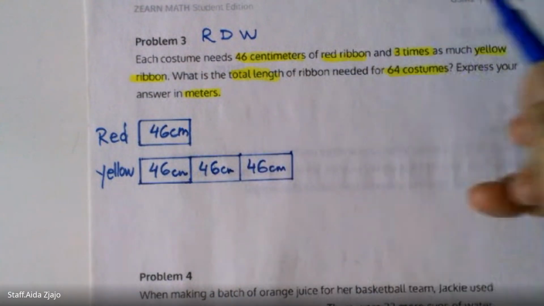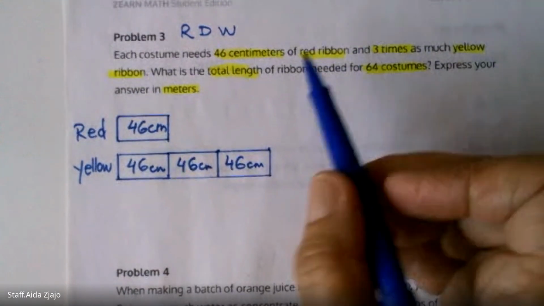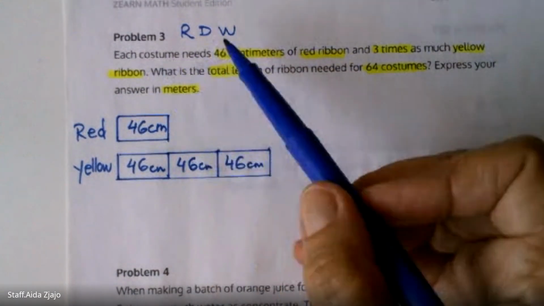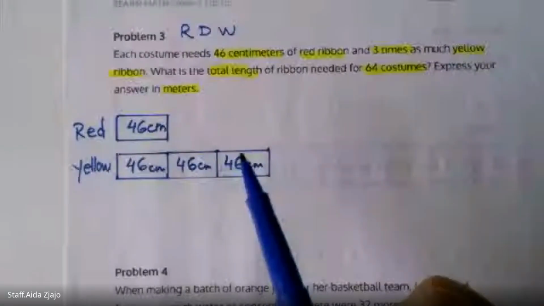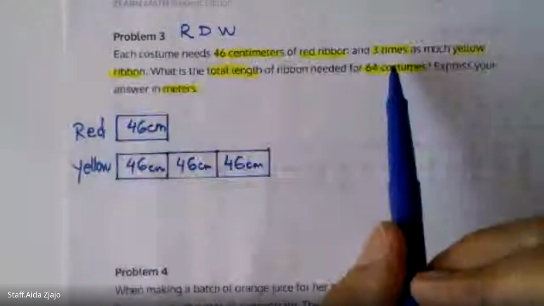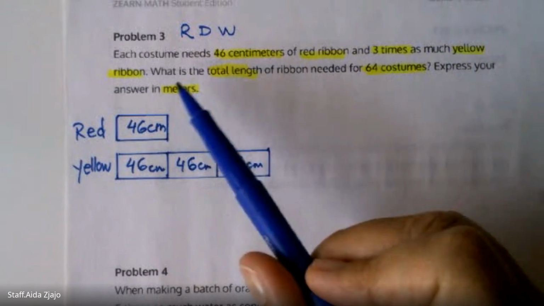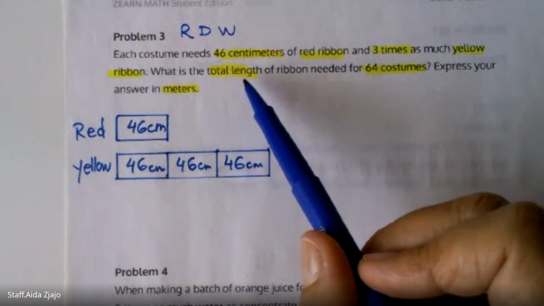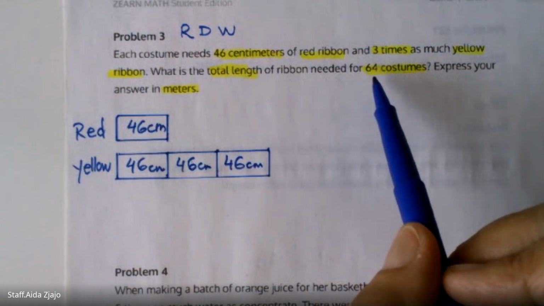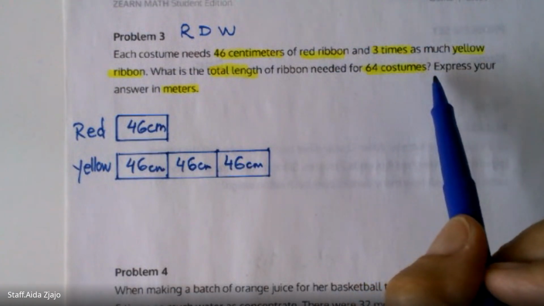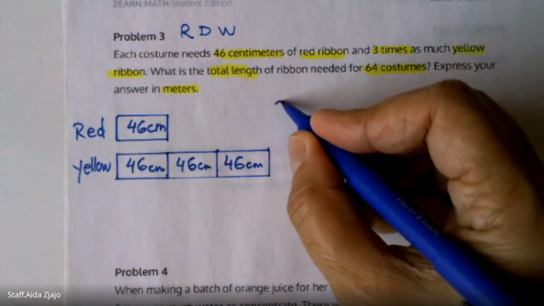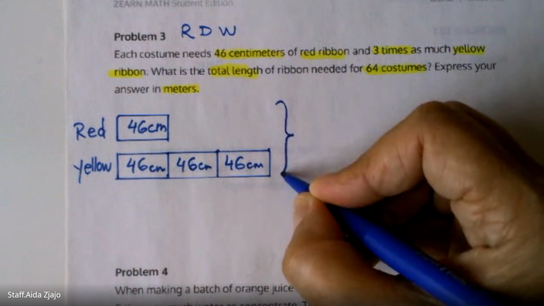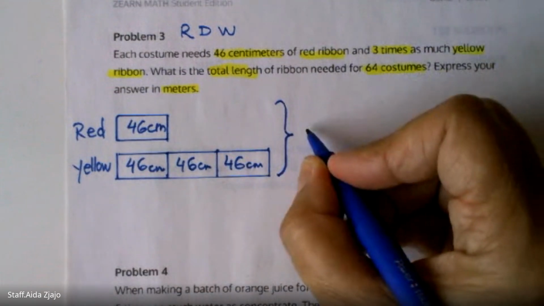Okay, let's see. It represents the first part of the problem. Each costume needs 46 centimeters of red ribbon and 3 times as much yellow ribbon. What is the total length of ribbon needed for 64 costumes? One costume needs all this.